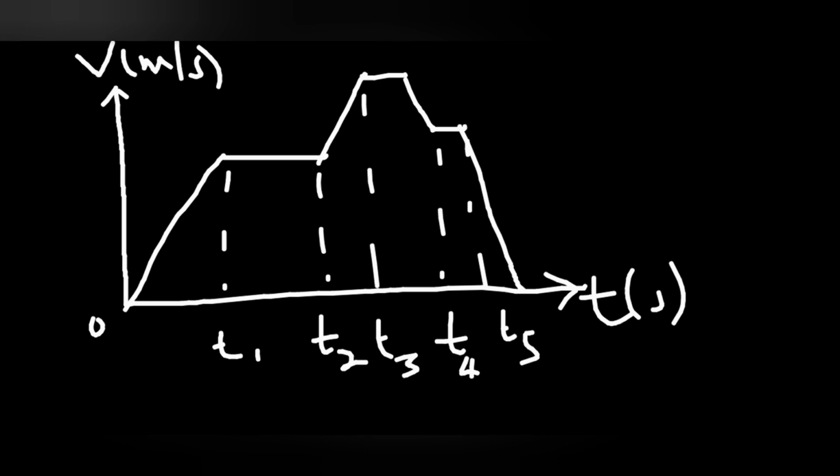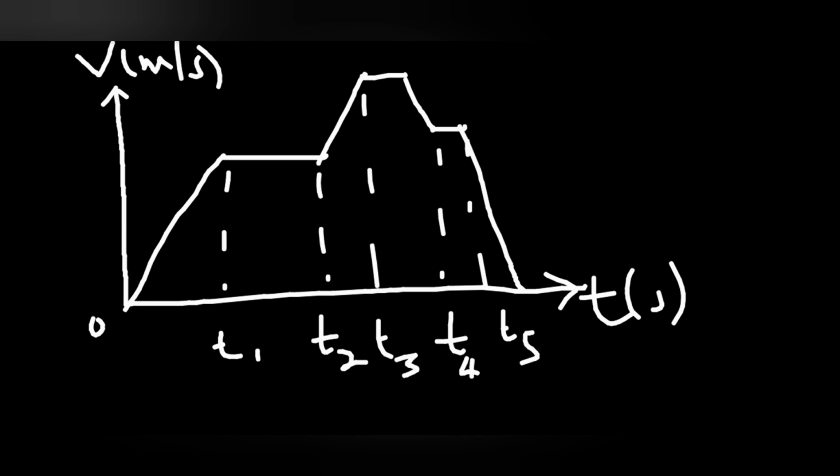However, the average velocity here will not be the same as the instantaneous velocity as we showed earlier, because the average velocity here would consider the changes in velocities between time t1, t2, t3 up to t5.